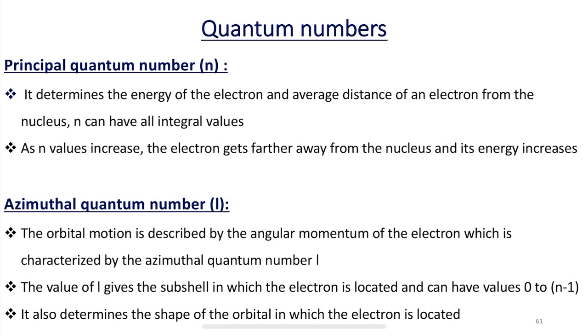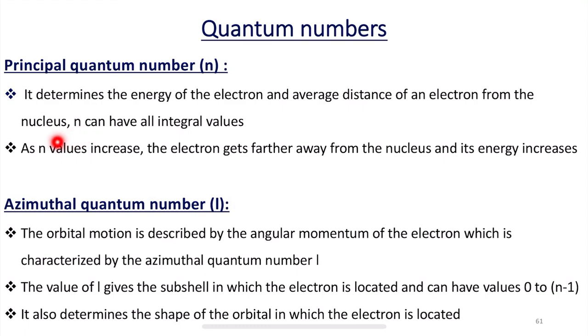Now let us see briefly, one by one, what is meant by a principal quantum number. As I said, it is denoted by small letter n, and it determines the energy of the electron and the average distance of an electron from the nucleus.